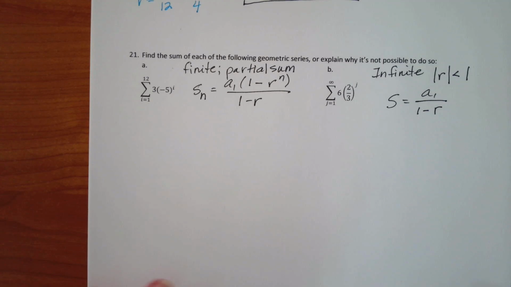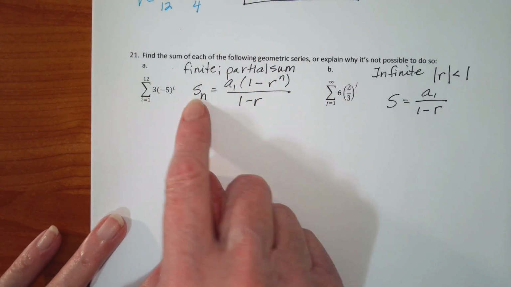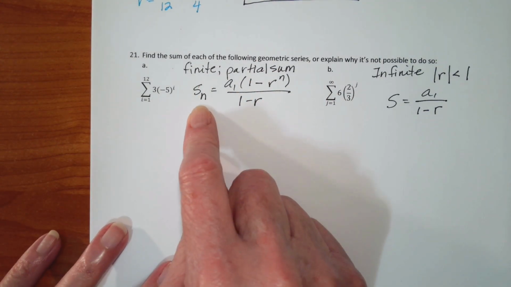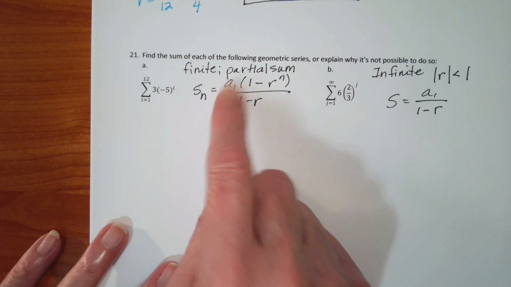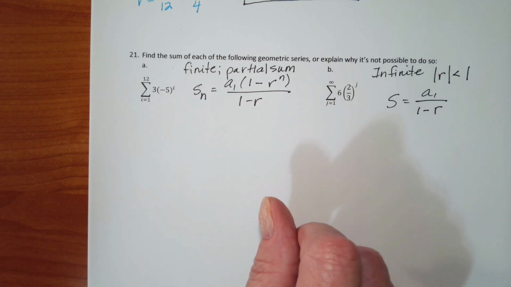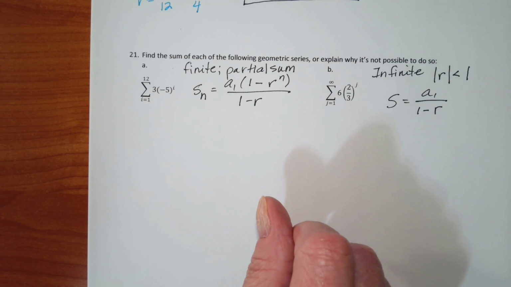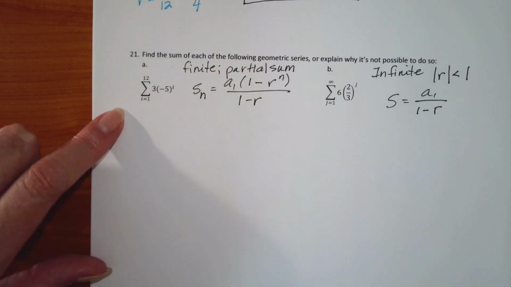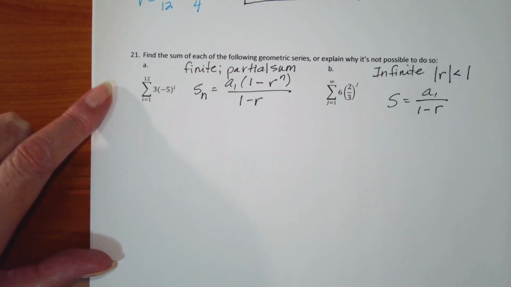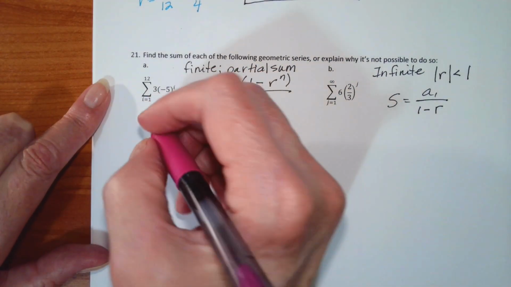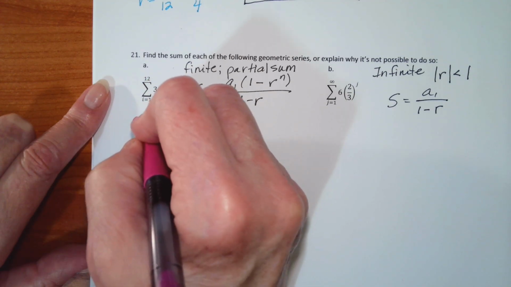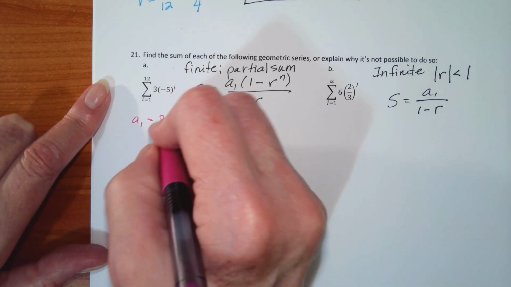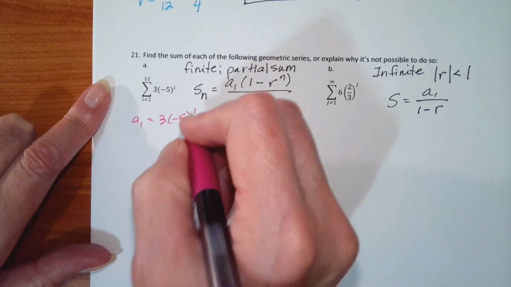Okay, so let's do this one first. So in order to put into this formula, I need to know how many terms there are, the value of the first term, and that's it. Okay, so let's see. So I need to find my a sub 1. So a sub 1 is equal to 3 times negative 5 to the first.